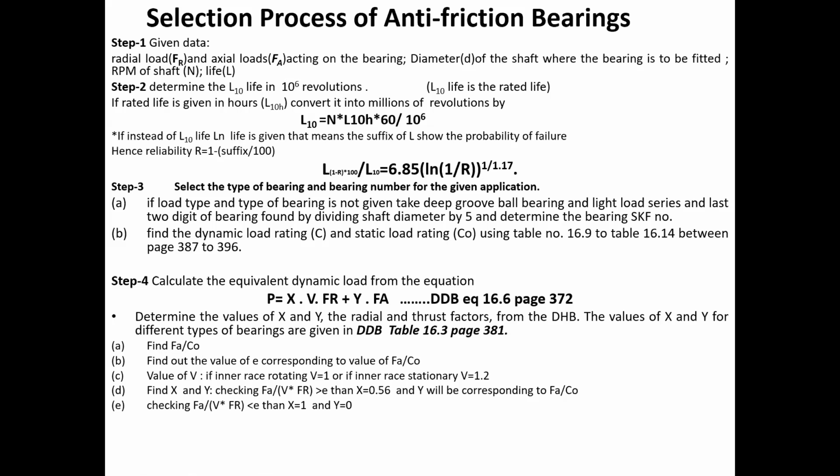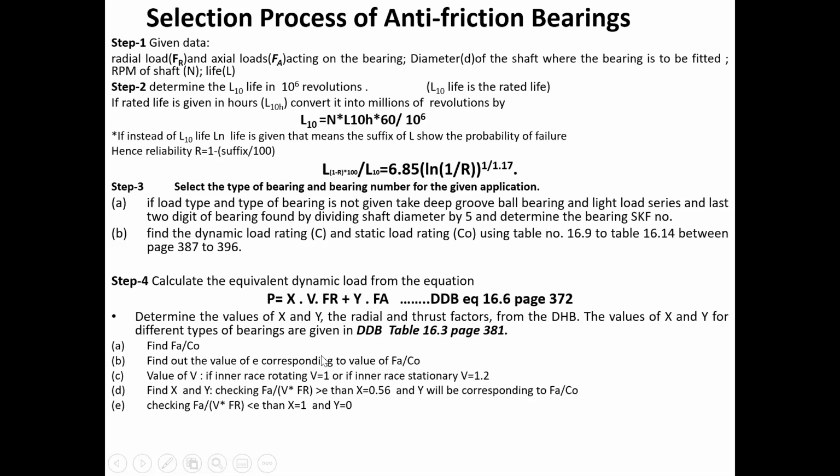And C naught we find from the table, for which we are checking whether the bearing is suitable for the application or not. So this C naught comes from step number 3, that is the static load rating of the bearing. This Fa upon C naught will be calculated.